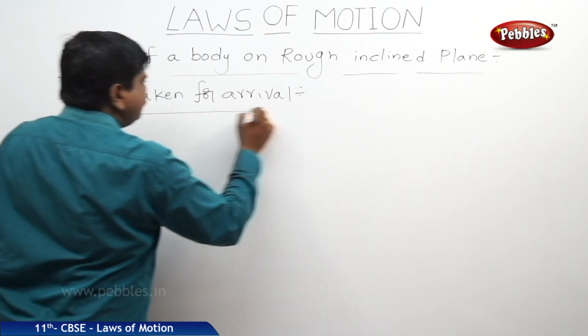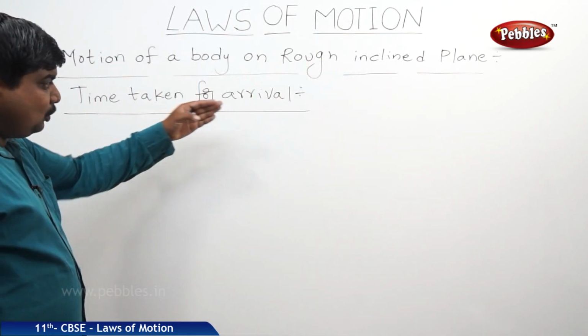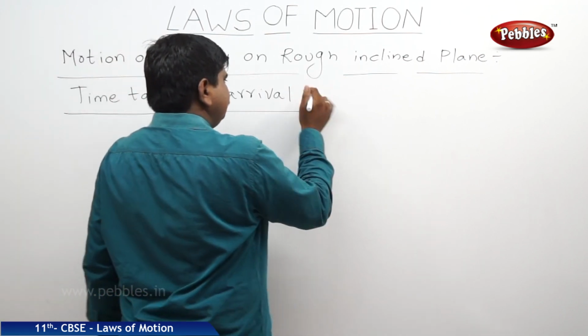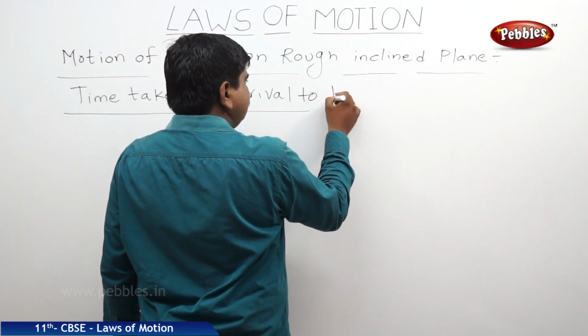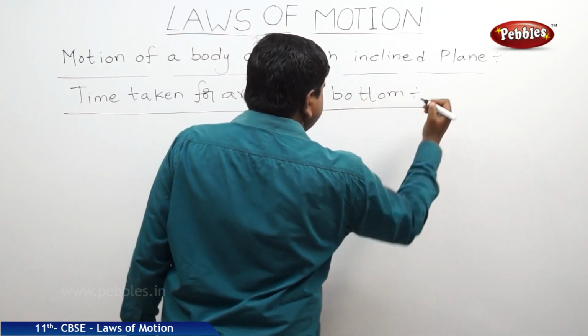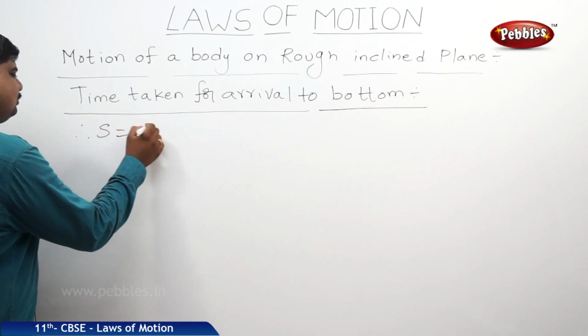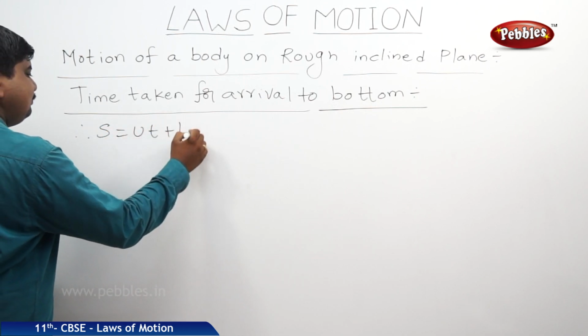The same body which is moving on a rough inclined plane, what is the time taken to arrive at the bottom? In this case, again we should use S is equal to ut plus half at square.